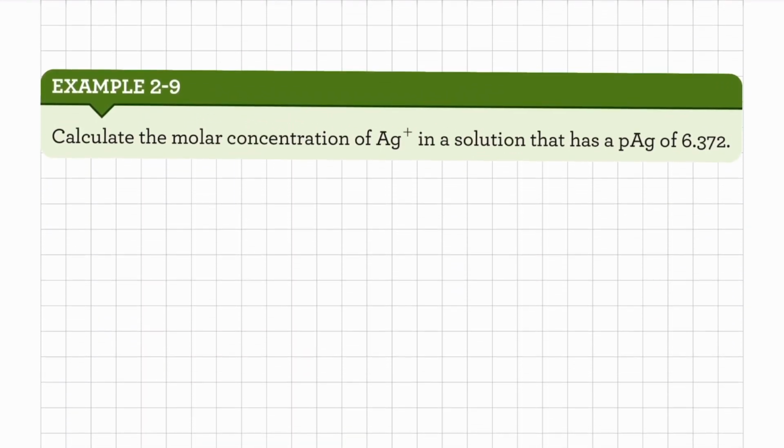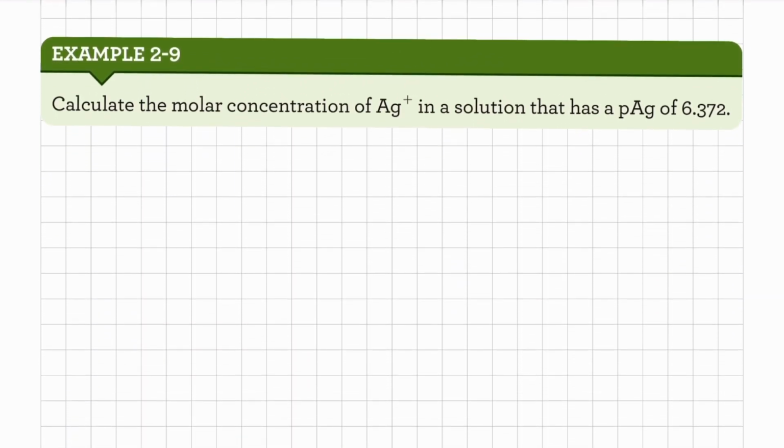Okay, let's practice one more example and wrap this session up. It says, calculate the molar concentration of silver ion in a solution that has a pAg of 6.372.